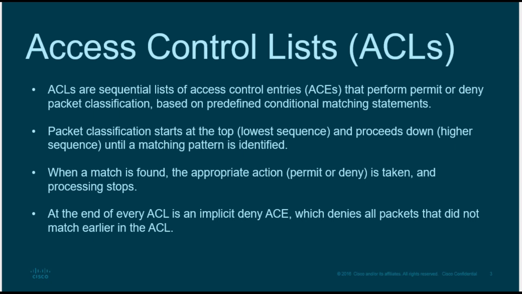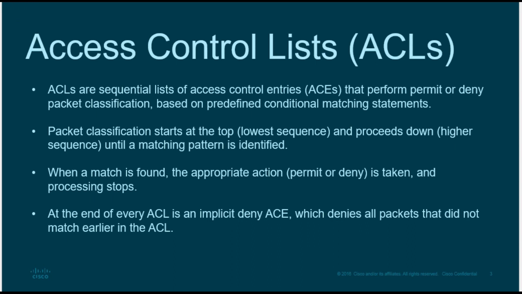So ACLs are sequential lists of access control entries, or ACEs. And these entries have either permit or deny classifications based on predefined conditional matching statements. As the name implies, when we have a sequential list, it starts from the top of the list and proceeds down according to the sequence number.